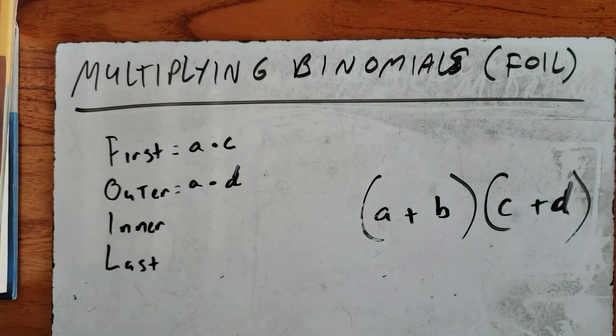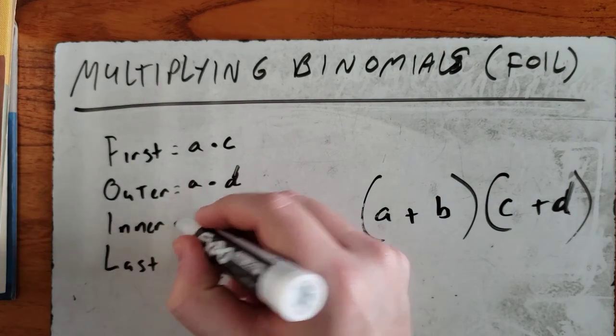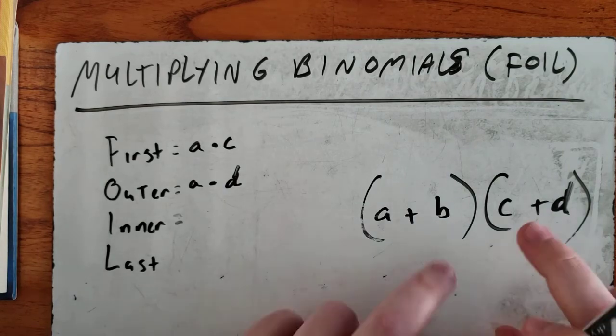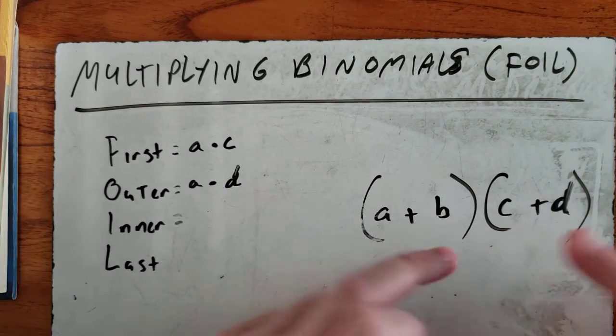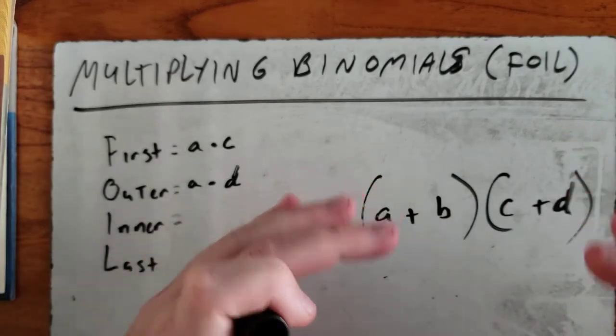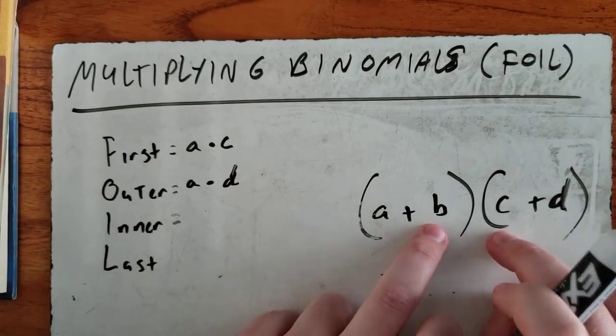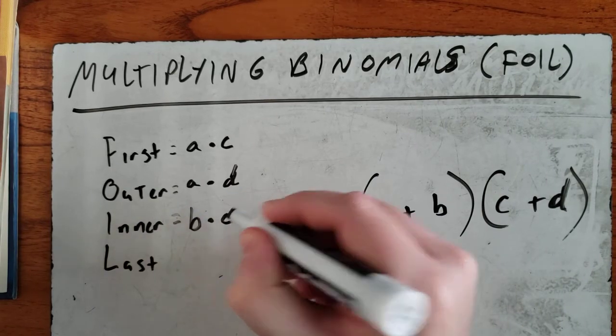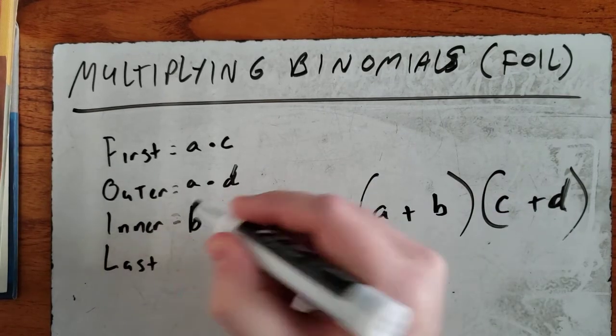Your inner, the third one you're multiplying, okay, is your two inner terms of this whole thing. If you're looking at this as a whole, it's your two inner ones, which in this case are B and C. So your inner is B times C, okay?